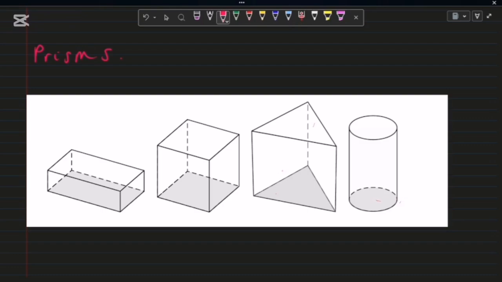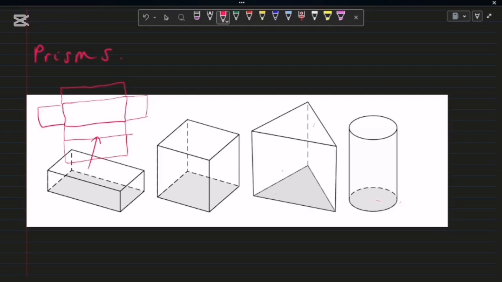Okay, what do I mean by this? Let's take this one, for example. We imagine as if it is converted into a net like this, like that. Okay, and then the base will be here, and then it will be like that.